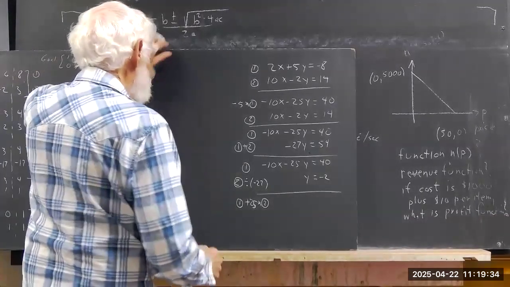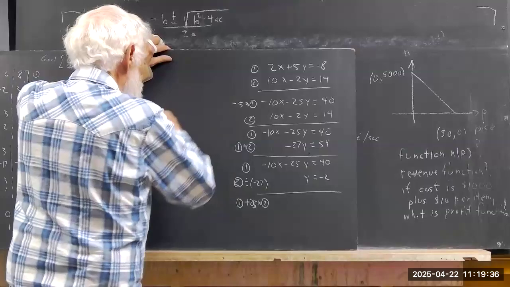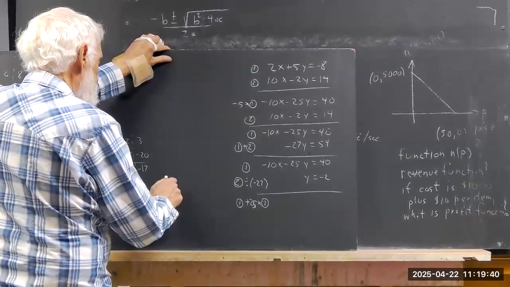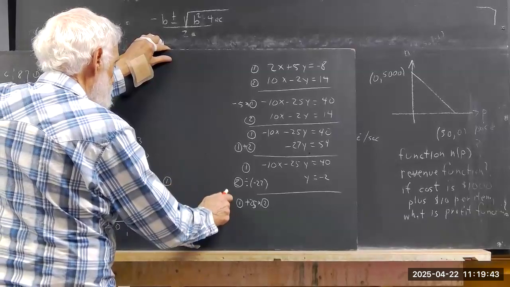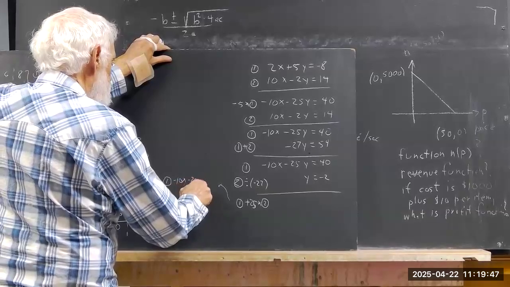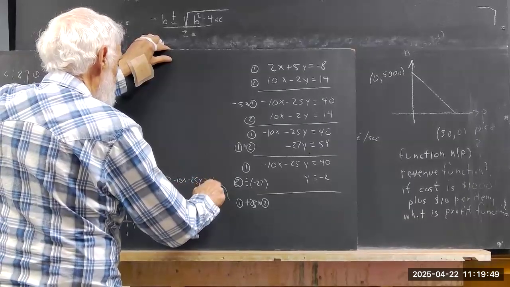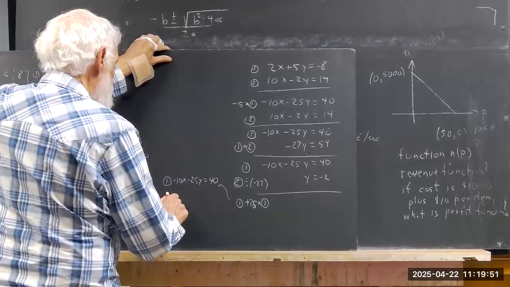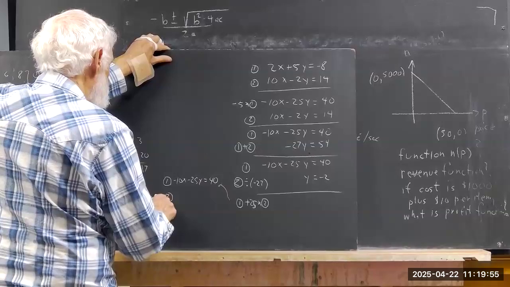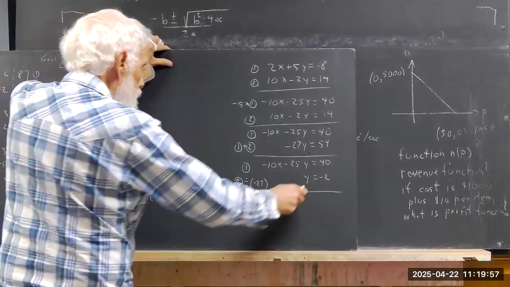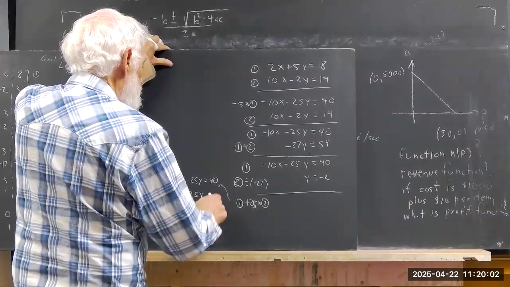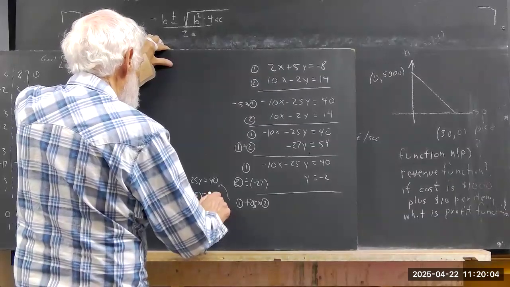Okay. Over here somewhere, I'm going to say, okay, let's see. Equation 1 is -10x minus 25y equals 40. 25 times equation 2, well, 25 times y is 25y. 25 times -2 is -50.